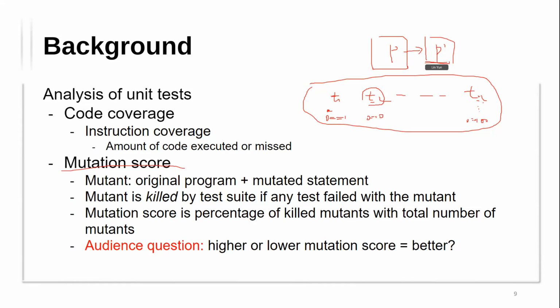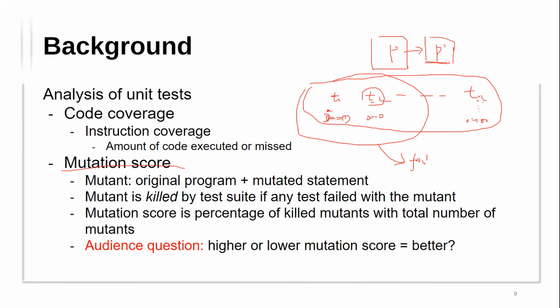So if we change P into P prime, for example, under the program P all the test cases pass. But if we randomly change P into P prime, a lot of test cases will not work anymore, so they will turn into failures. Failure means that the outcome of P prime no longer conforms to our expectation. That is the intuition.